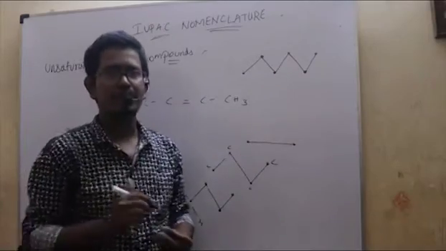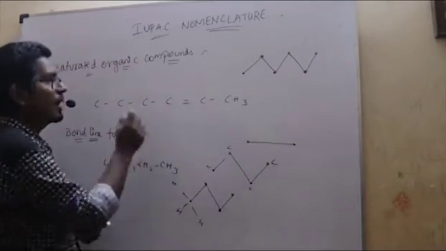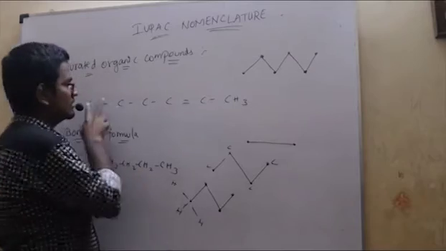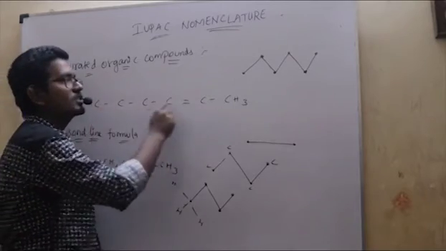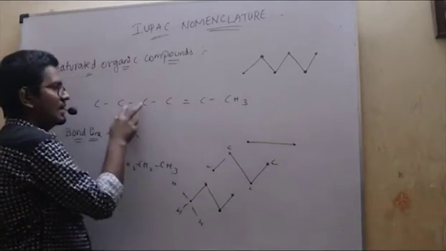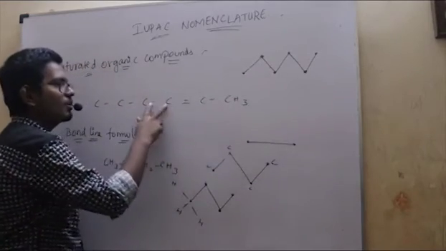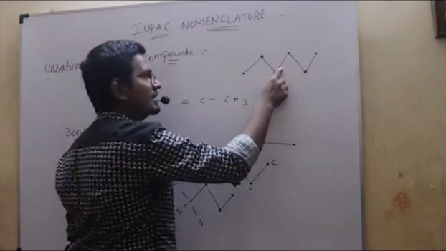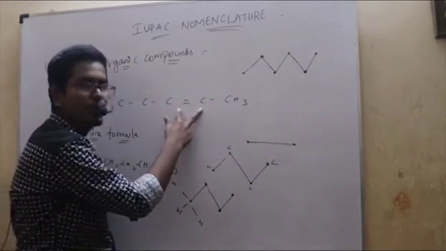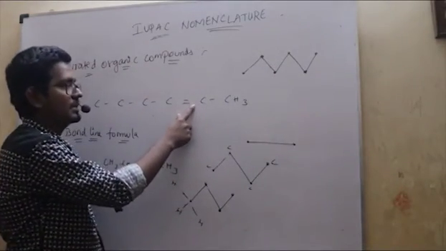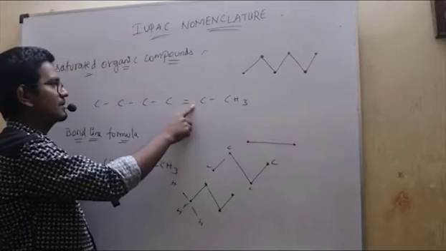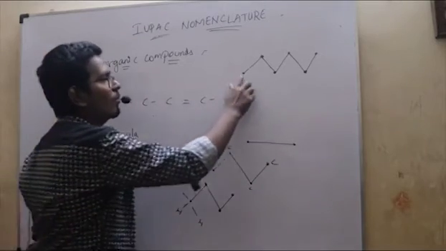No. Why I am saying this is that we have to see the bonds too. You can see between these carbons a single bond, a single line, is present. Between these carbons a single bond is present. But here between the carbons a double bond is present. 1, 2, 3, 4. 1, 2, 3, 4.